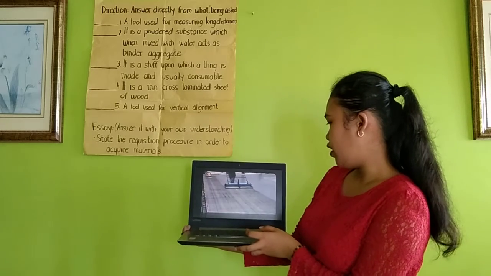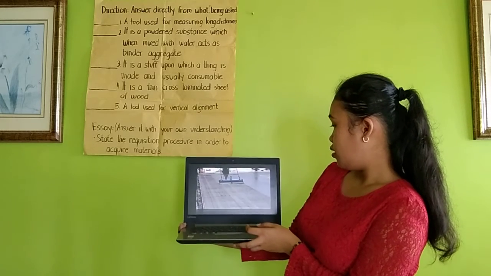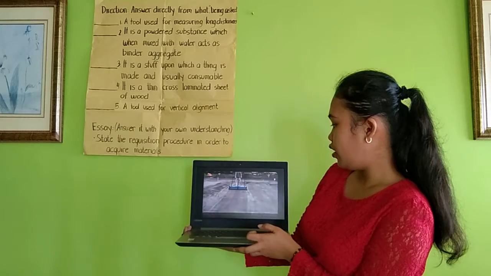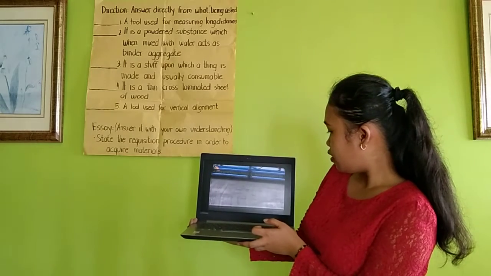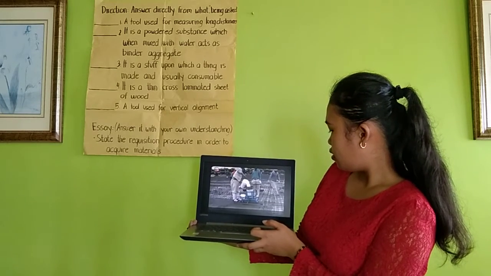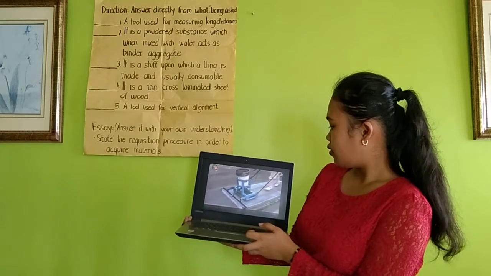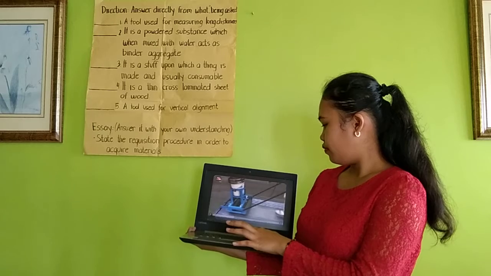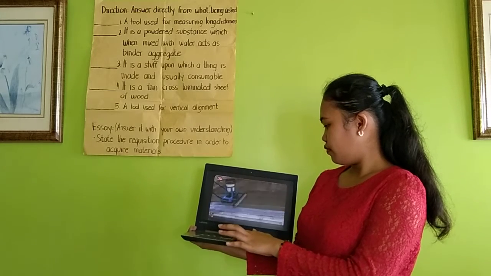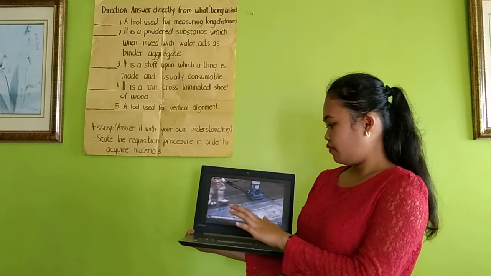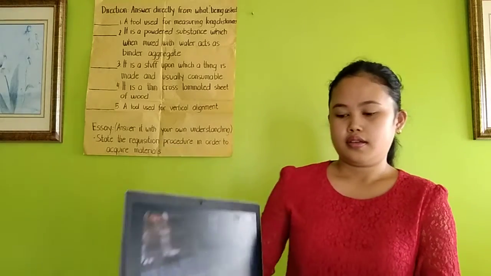So we also have here a more convenient way of drying the cement. So that would be all.